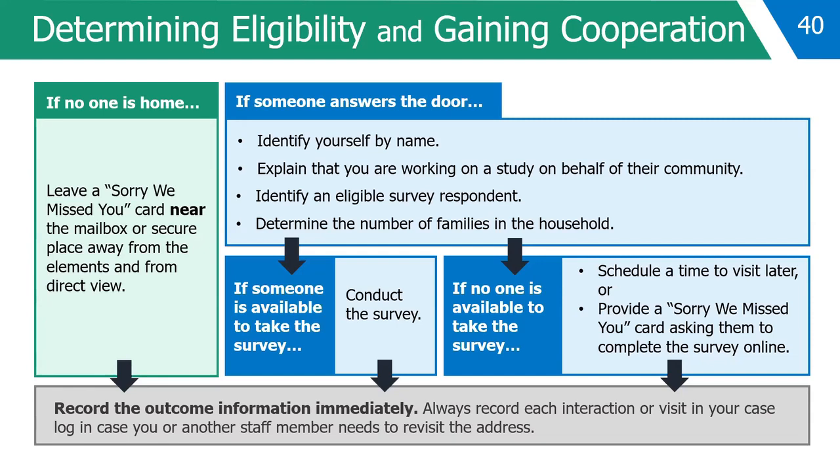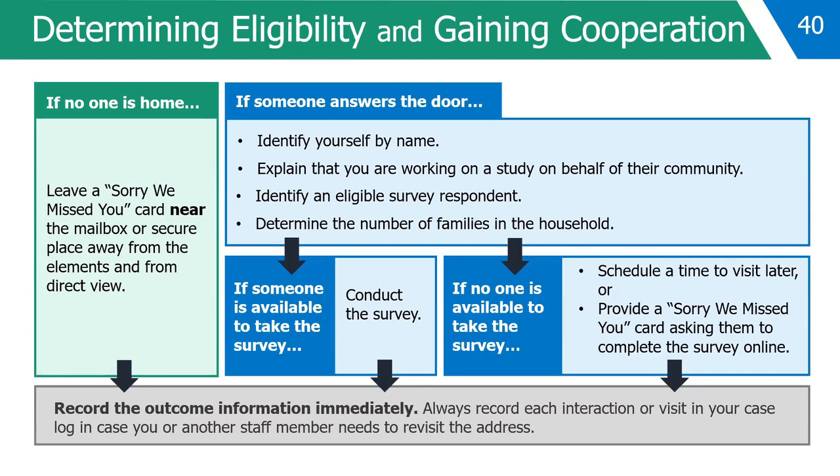Then if somebody does answer the door, you're going to identify yourself by name, explain that you're working on a study for the community, and make sure that person you're talking to is eligible. So initially, if they're 18 years old or older. And the survey templates will then have an introduction and then ask about if they're a permanent resident.